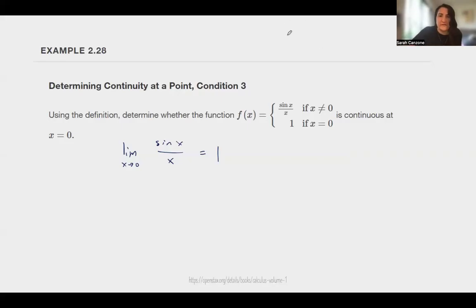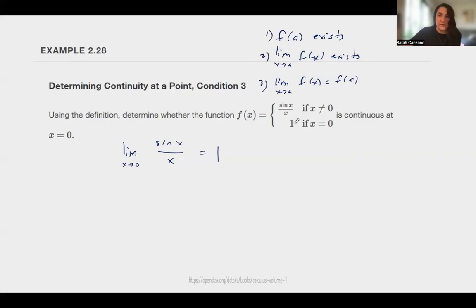So the formal definition said that f at a exists, that the limit as x approaches a of f of x exists, and that in fact the limit as x approaches a of f of x is f at a. Okay, so we have the first part. So this is like 1, 2, 3.